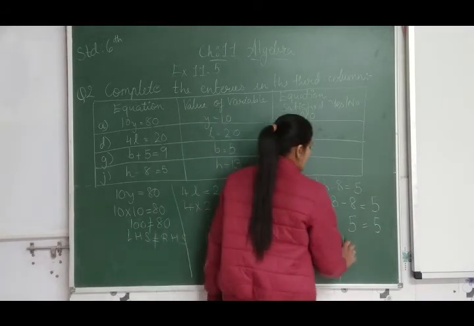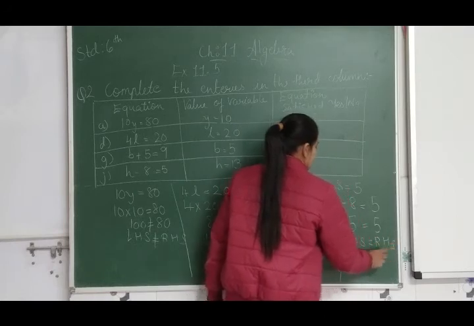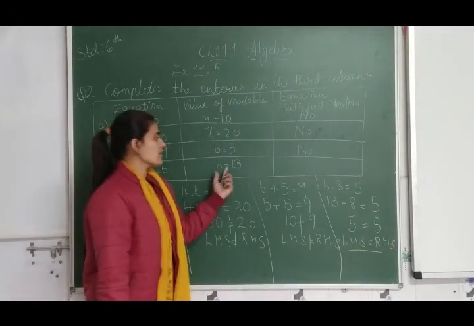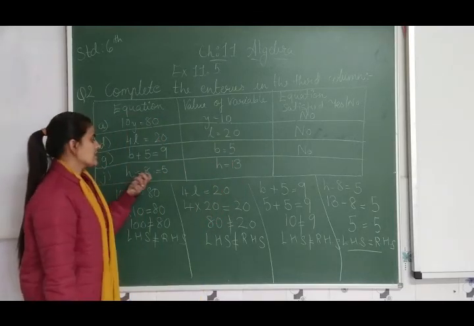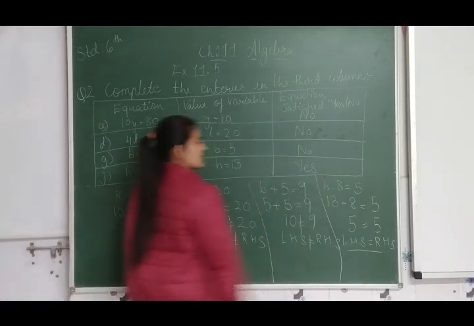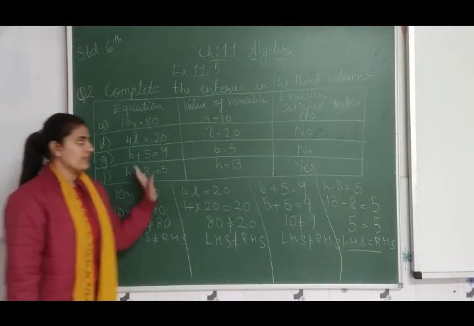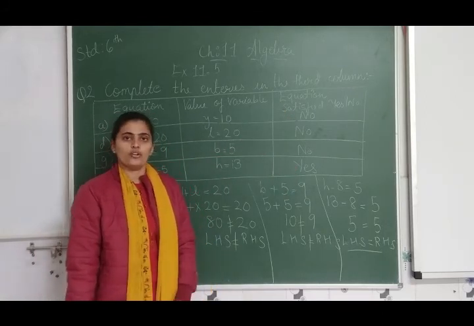So here we are getting LHS equal to RHS. This means that H equal to 13 is satisfying the equation H minus 8 is equal to 5. So here our answer will be yes. This way you have to do the rough work, and afterward you have to fill the third entry in the column.